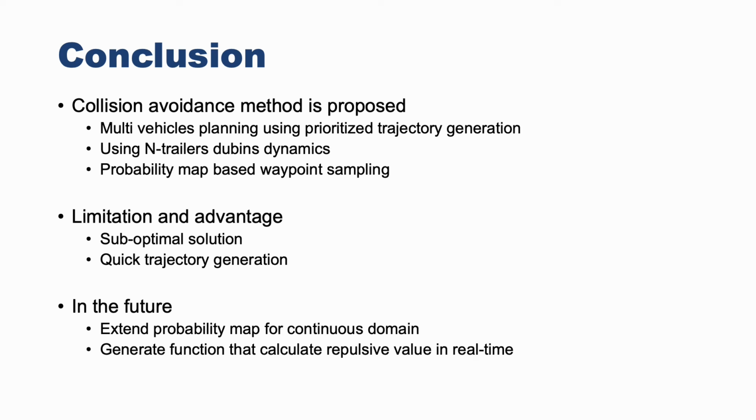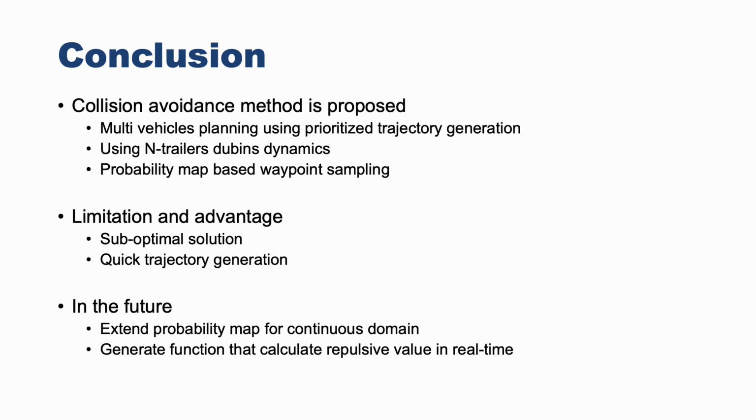With the prioritized trajectory generation method, the generated solution does not guarantee optimality because we only consider the objective of the individual agent at every trajectory generation step. However, we can generate the trajectory of multi- and trailer-less vehicles quickly.